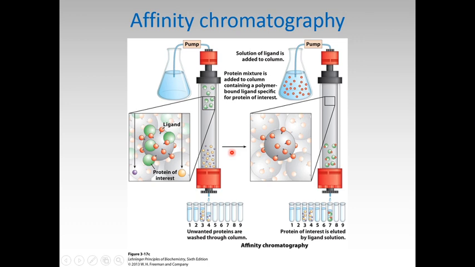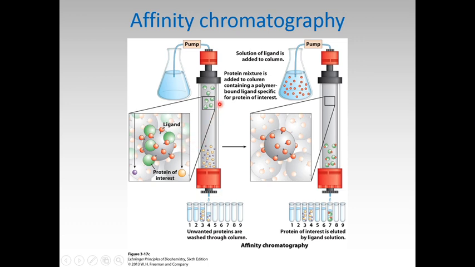Affinity chromatography is based on the binding affinity of a protein to the stationary phase in the column. The stationary phase in this case is called beads. The beads in the column have a covalently attached chemical group called a ligand, a group or molecule that binds to a macromolecule like a protein.